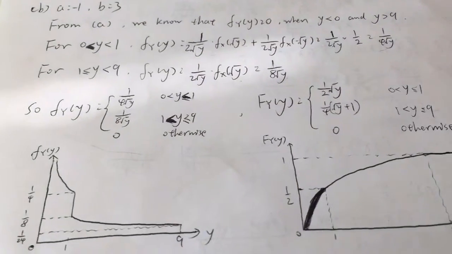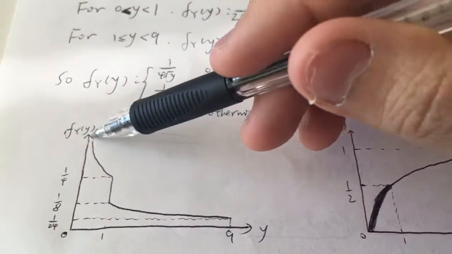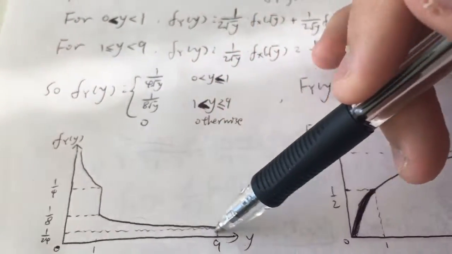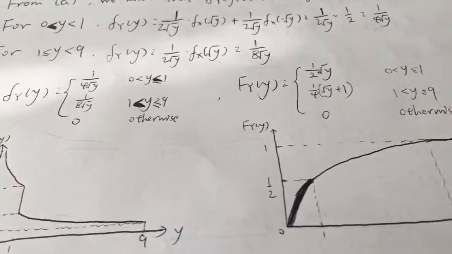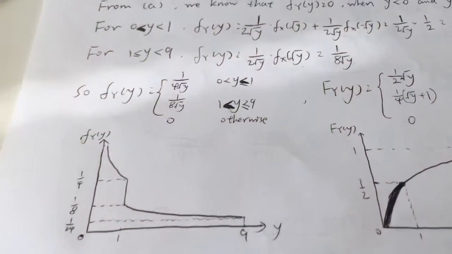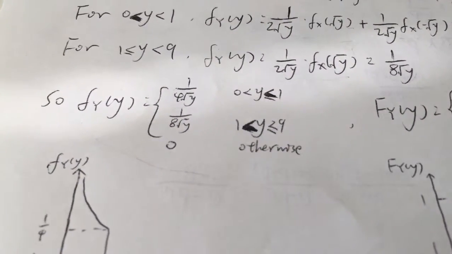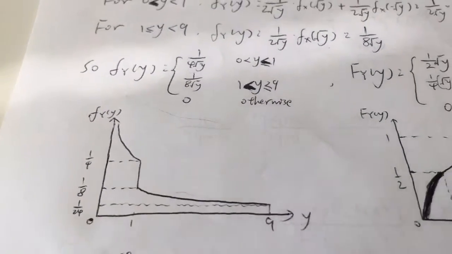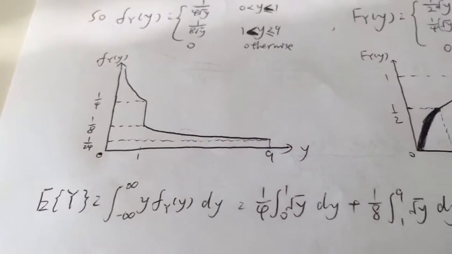So now we can draw the pictures. We just put this into this, and it's very easy to get the pictures. And now we need to find the expected value of the random variable y.